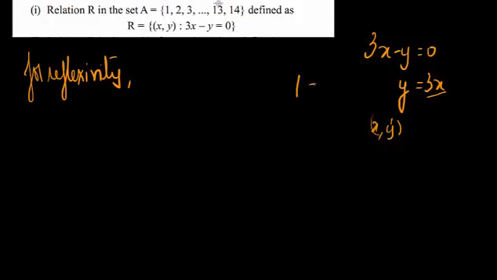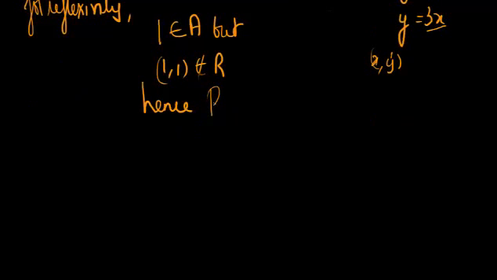So the second element is not equal to 3 times the first element, and hence this relationship cannot be reflexive. So how do we write this? Very easy. 1 belongs to A, but (1, 1) does not belong to R. Hence R is not reflexive.